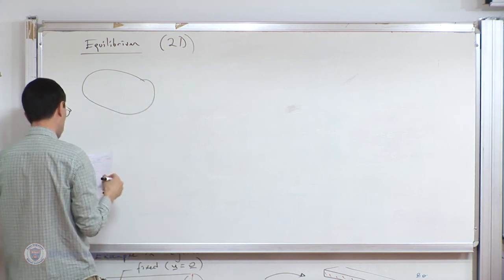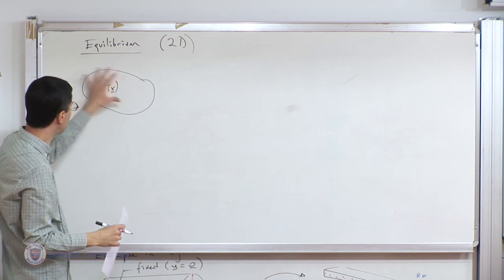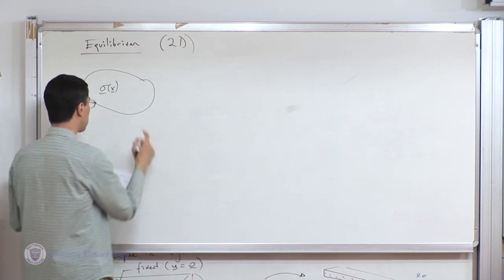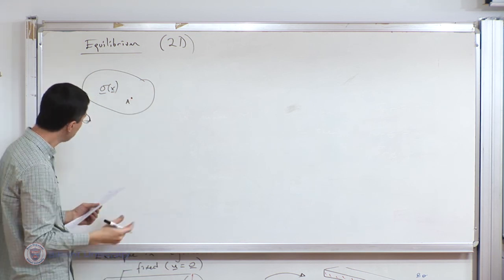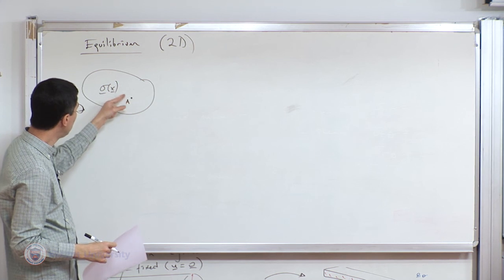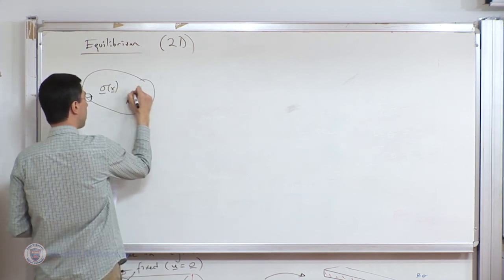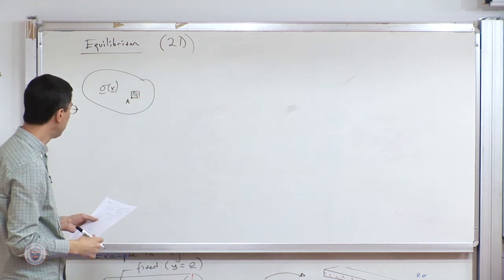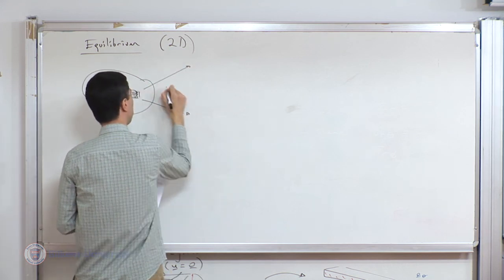So here's my structure. And the structure is, let's say, somehow loaded. So there is a stress distribution, right? The stress is, in general, different at every point in the structure. Now, I'm considering what happens in the vicinity of a particular point A. And so I'm going to take a differential area element, a very small area element in the vicinity of that point.